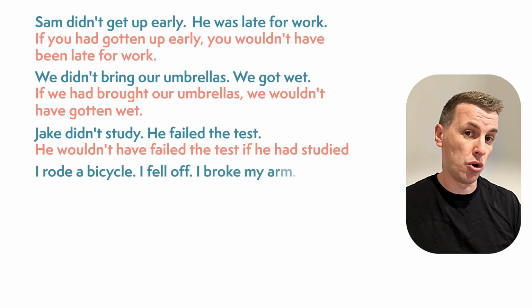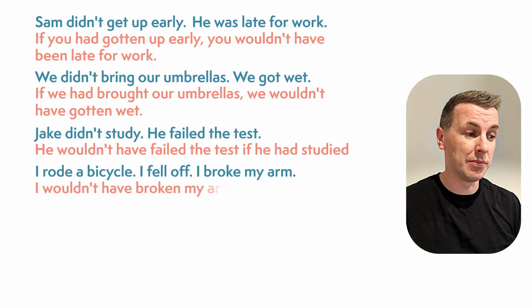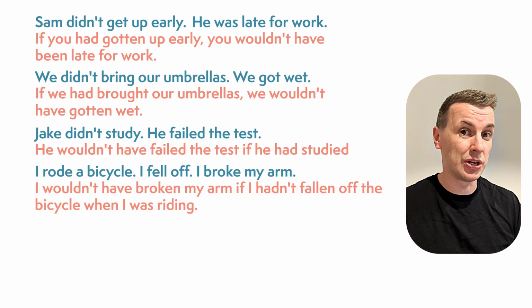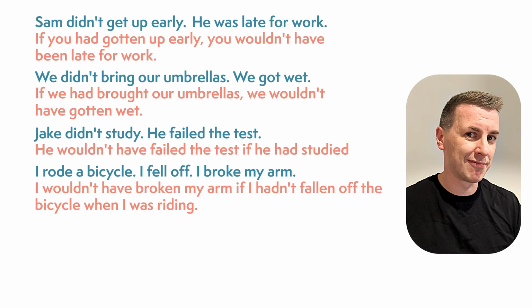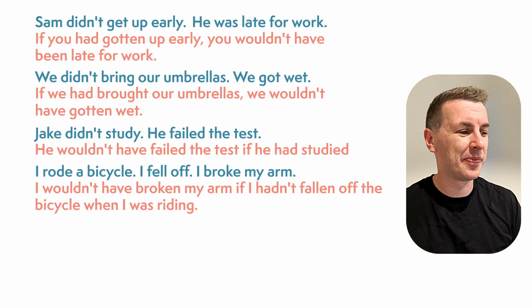I fell off and I broke my arm. Ouch. I wouldn't have broken my arm if I hadn't fallen off the bicycle which I was riding. Cool, huh? Okay, the next one.